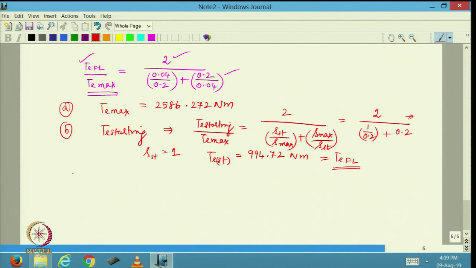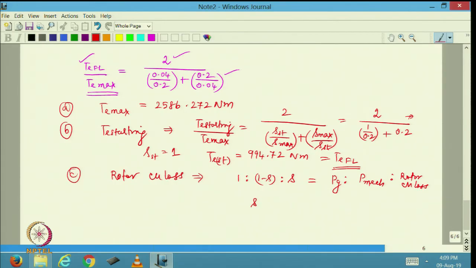The third one that is being asked is rotor copper loss. So, rotor copper loss, how will you get it? Please remember the equation we derived, 1 is to 1 minus S is to S, that was actually PG is to P mechanical output is to rotor copper loss.